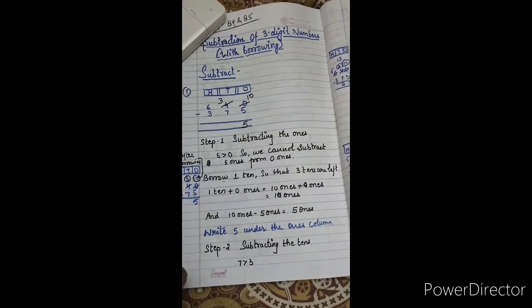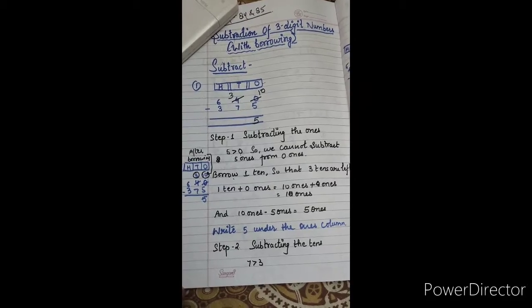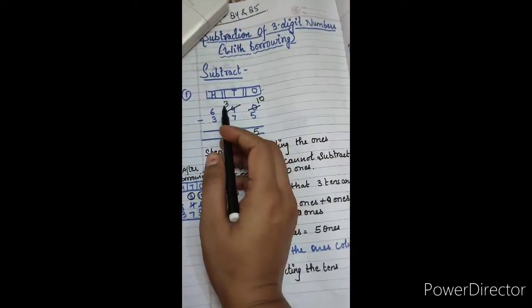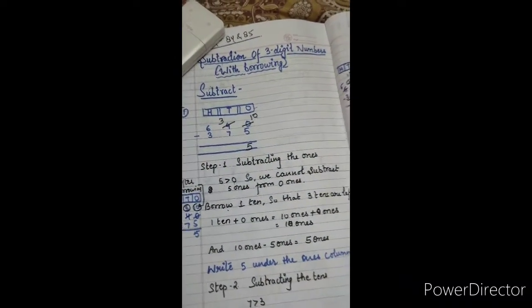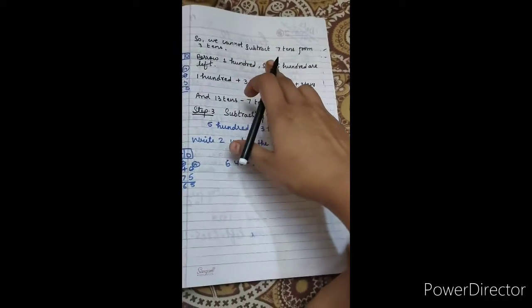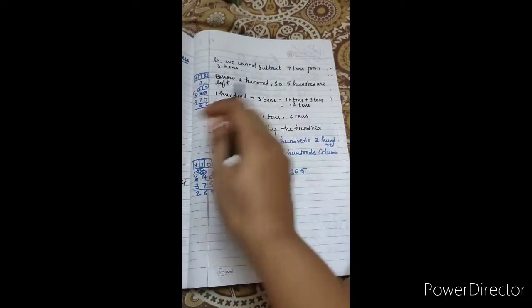Yes. And now subtracting the tens. We want to subtract 7 from 3, but 7 is greater than 3. Then how can we solve it? We cannot subtract 7 tens from 3 tens. So borrow 100.